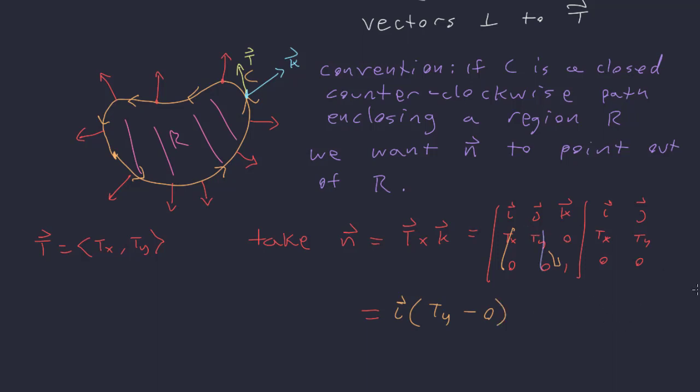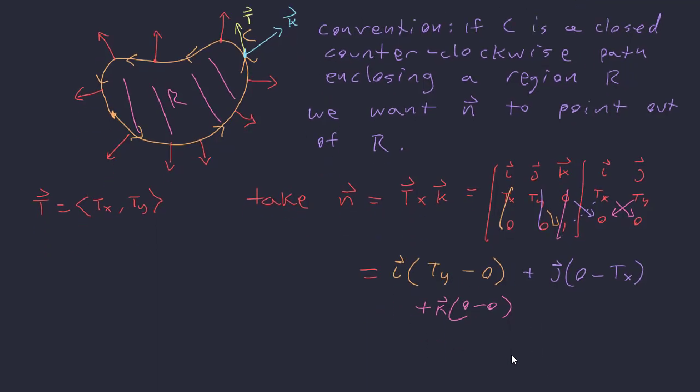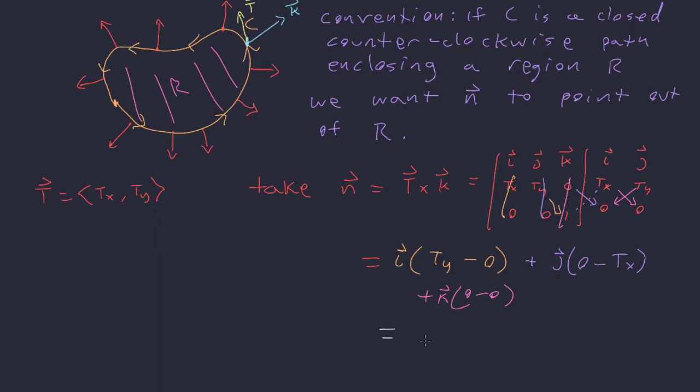Then for j, we'll get 0 on the main diagonal, but minus T sub x on the off diagonal. And for k, it is 0 minus 0, so we don't have a k. We end up back down to a two-dimensional vector: T sub y, comma, negative T sub x.